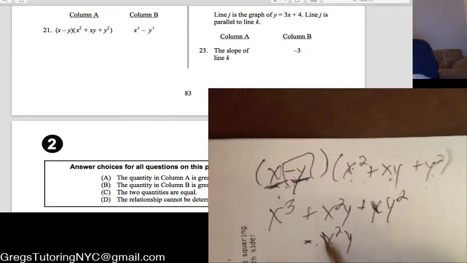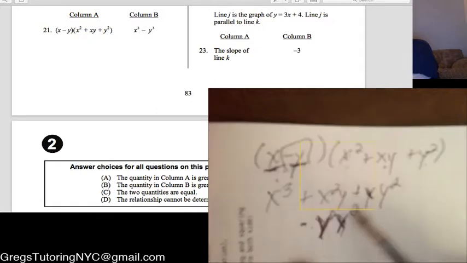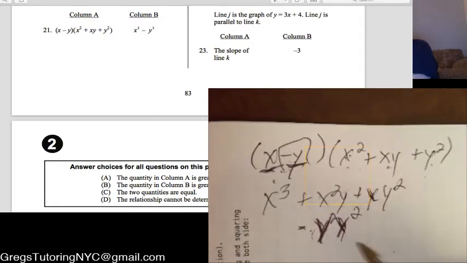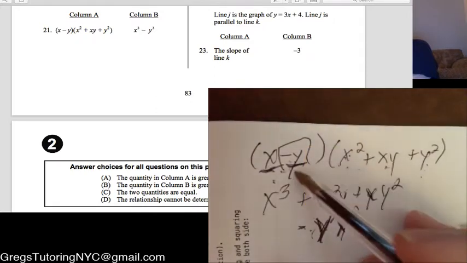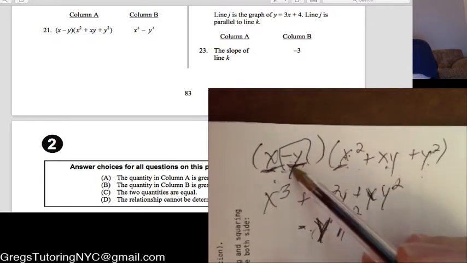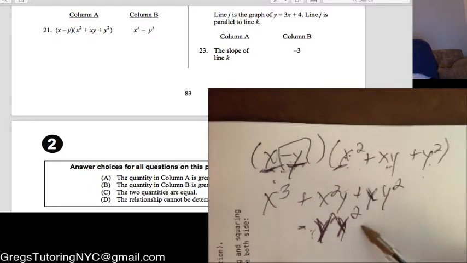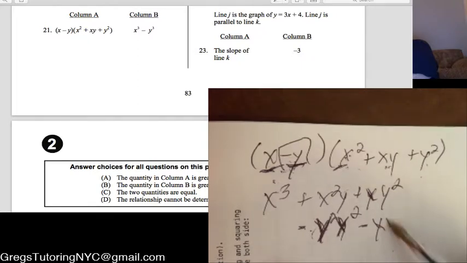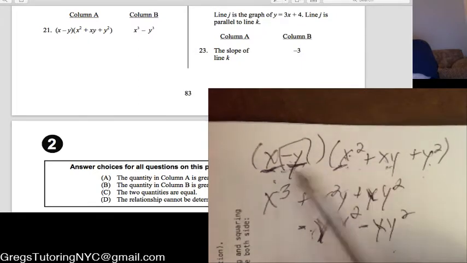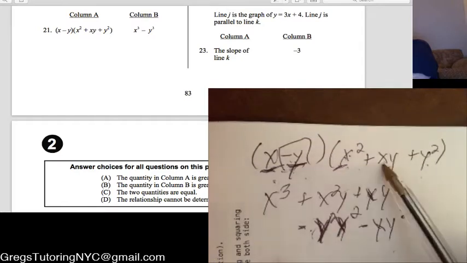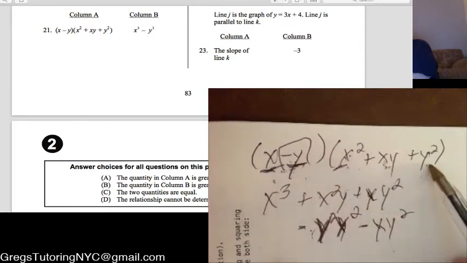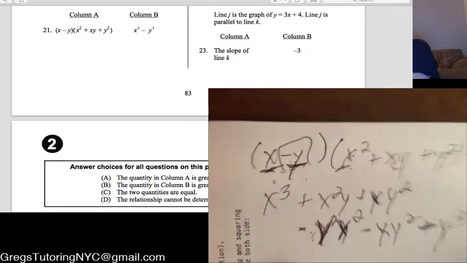If you want, I could write it the same way, just so we know what we're talking about. x squared and y is still the same. Okay, so we multiplied this by the first term. Now we have minus y times this, so we get minus x y squared. Yes? And now we have minus y times plus y squared, so we get minus y cubed. And we're done.